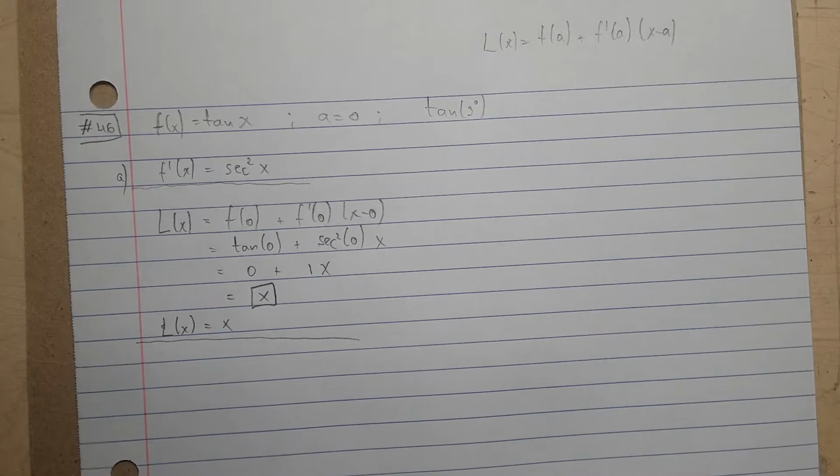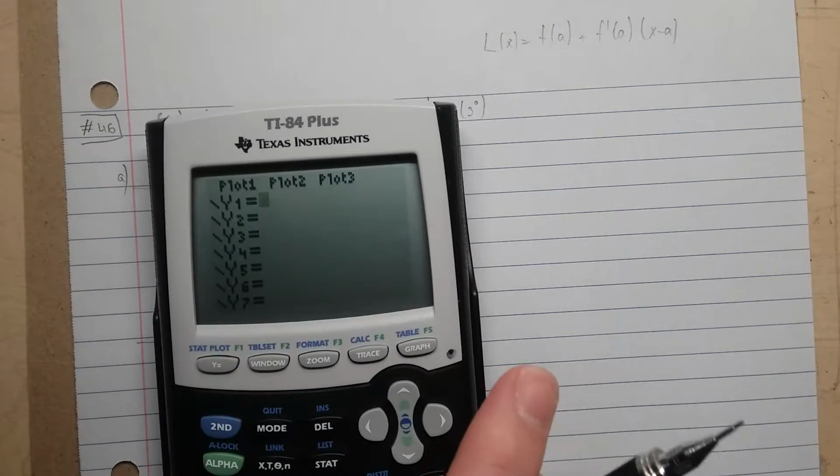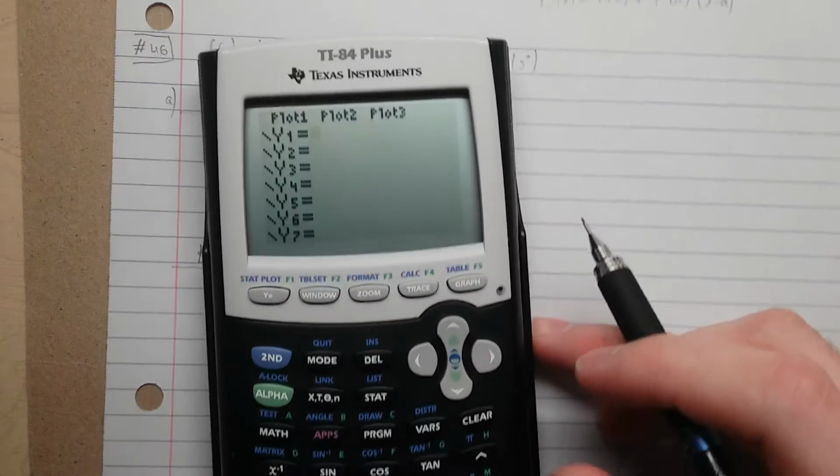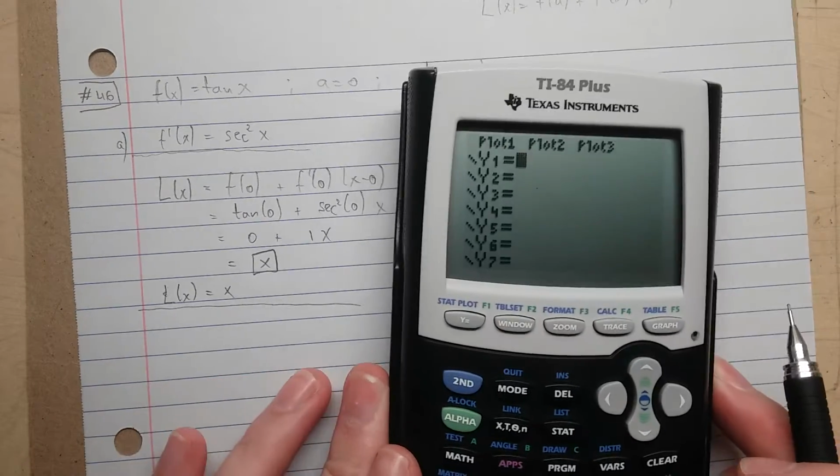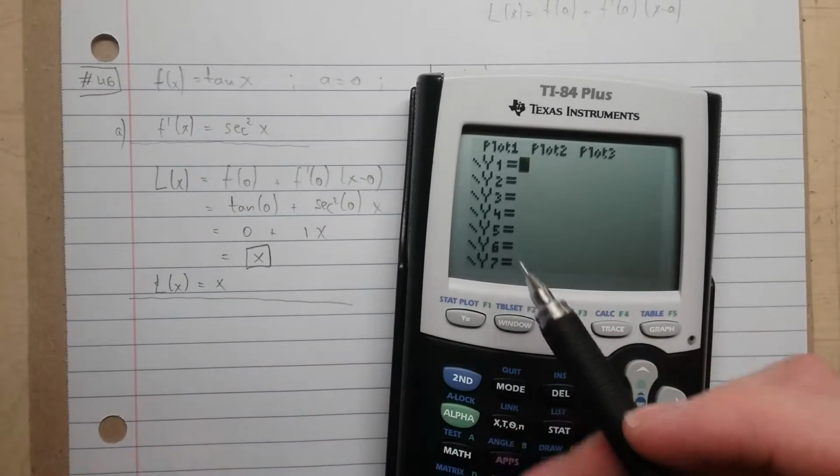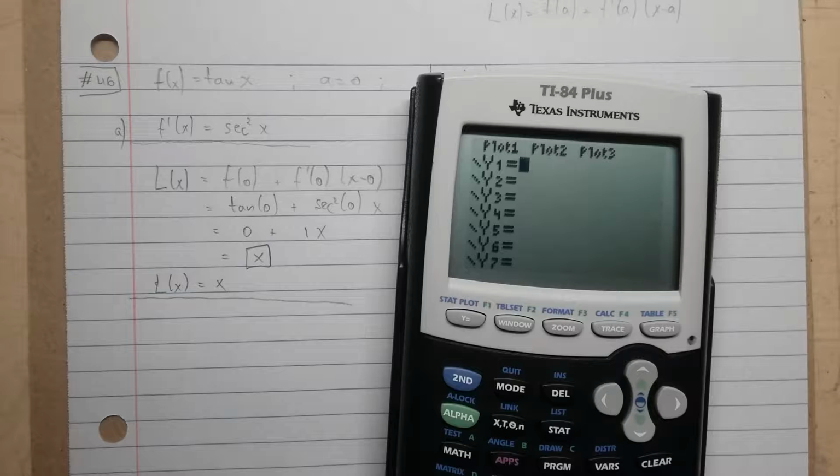That's part A. Part B says graph the function and the linear approximation at a. The easiest way to do this is by using the graphing utility calculator. How do we do that? First we plug in the original function, which is tan of x.